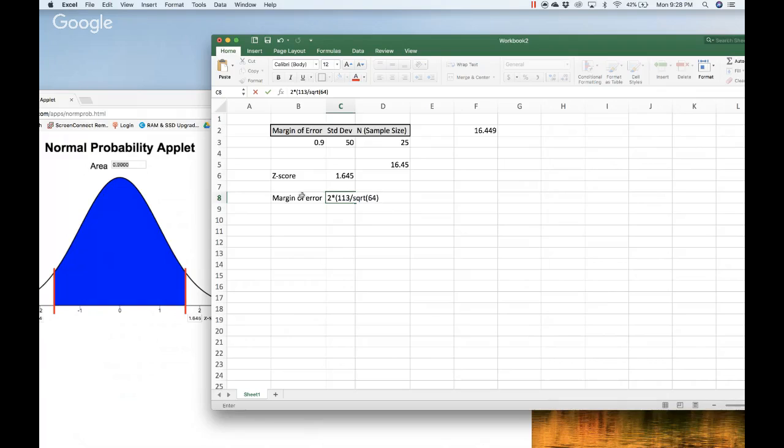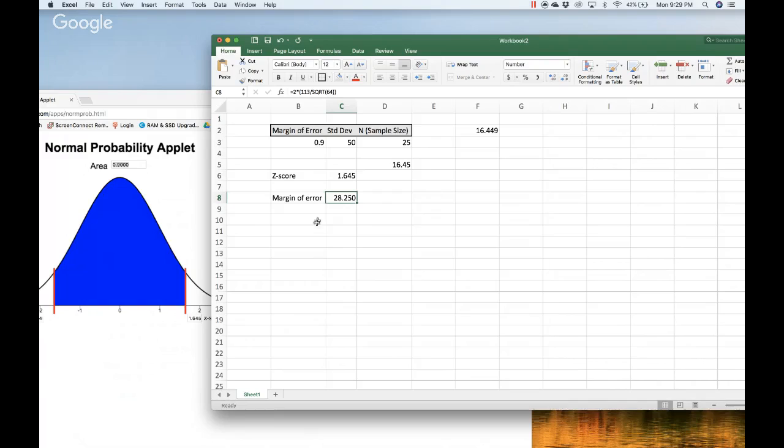I need to put an equal sign or else this is not going to do us any good. 28, what did you have? 27.685.